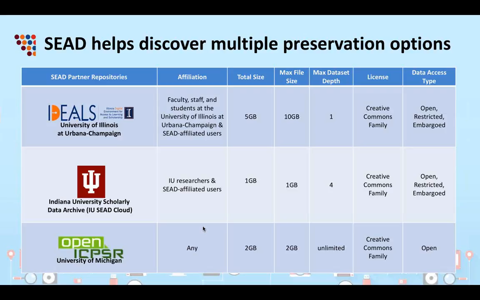And you can see the requirements on total size, maximum file size, data set depth, how many folders down your data set can have. You can see that these repositories support the Creative Commons license family. And you can see on your screen the types of data access that they can support.